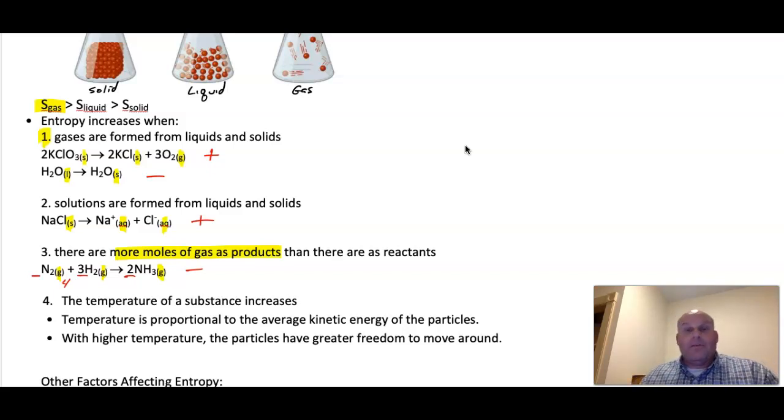So now that we understand the definition of entropy, randomness, or disorder, if my particles begin moving faster because I've increased the temperature, you would imagine that that would then produce greater disorder or randomness in the particles. So a temperature increase equals an increase in entropy.